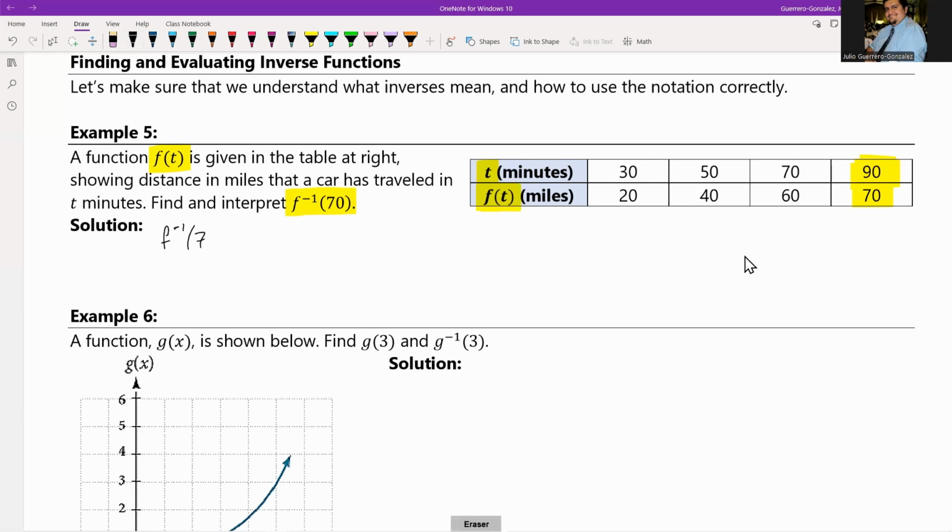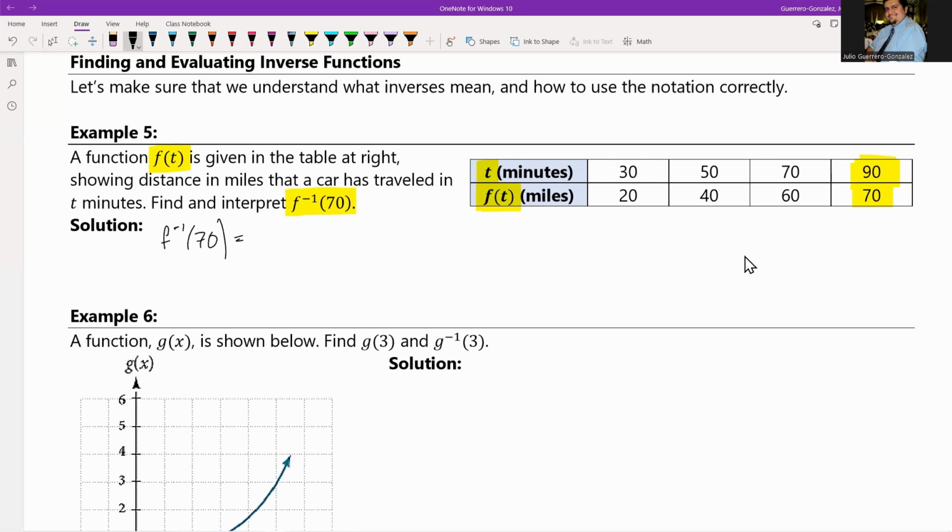What this is saying is essentially: how many minutes have we been traveling if the number of miles we've traveled is 70?